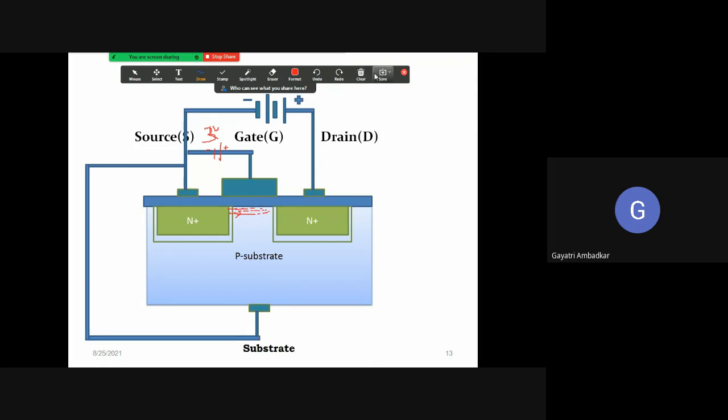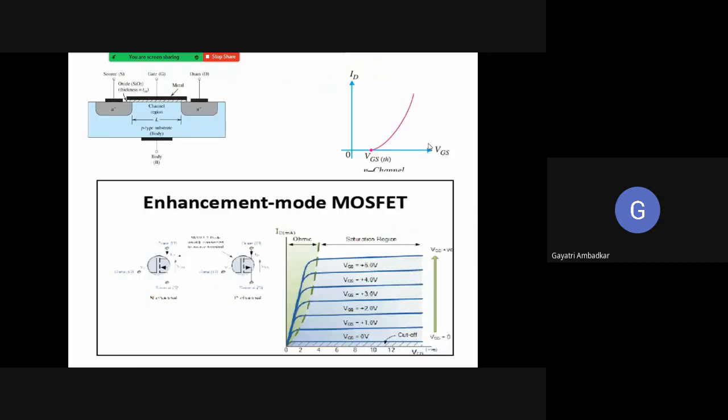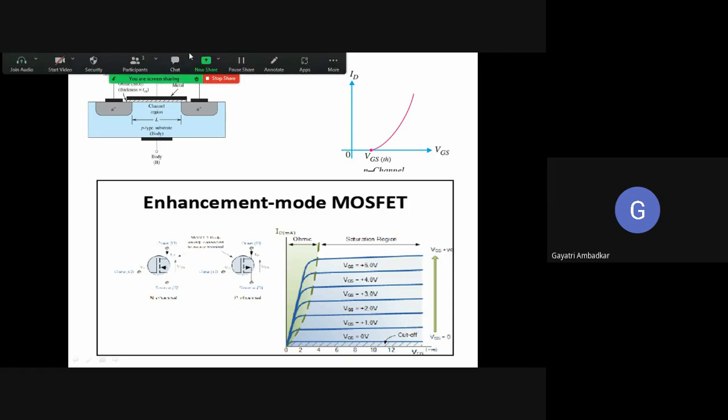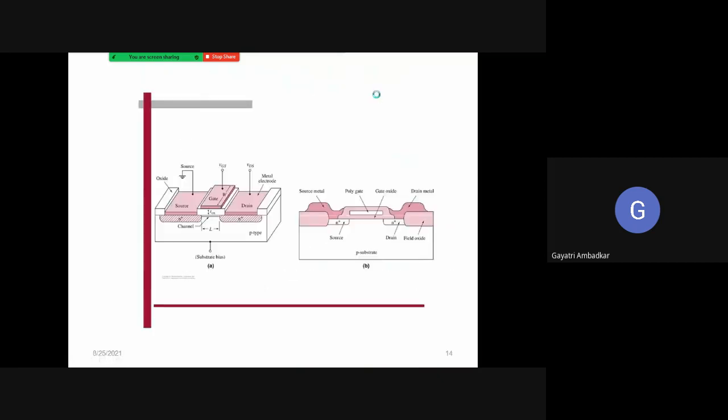So when you keep on increasing the gate voltage, it attracts more and more electrons. In every case you get more channel width, and if the space available for conduction is more, more current will flow.